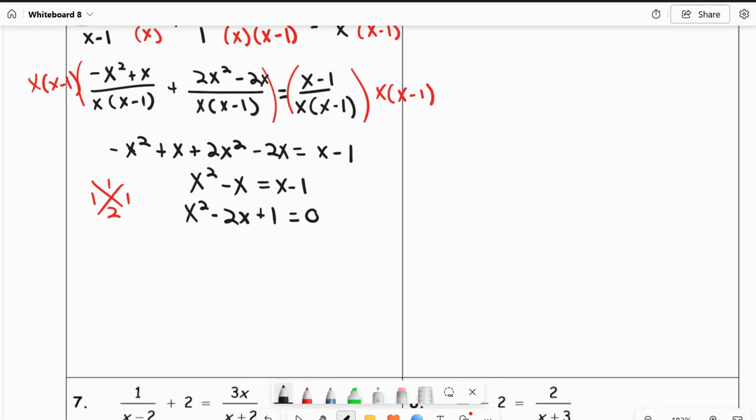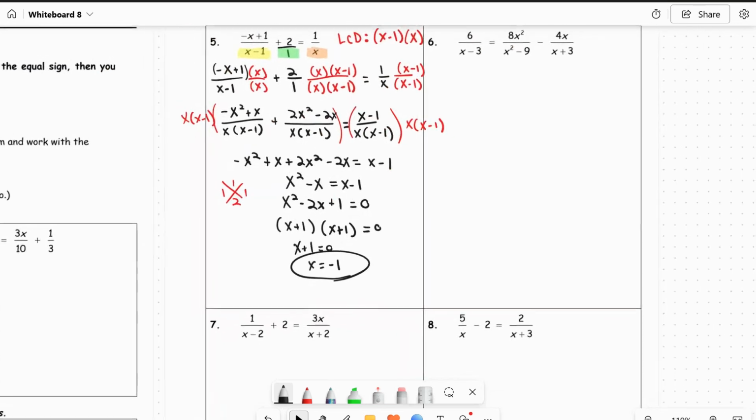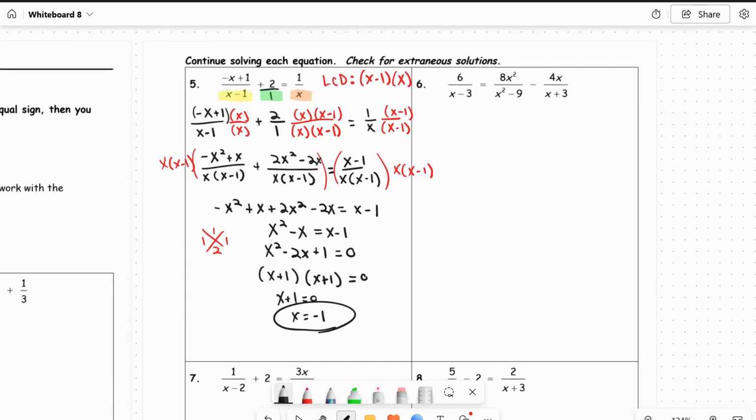So my factors would be x minus 1, x minus 1, which would equal 0, which would give me the solution of x equals 1. If you were to check this with our original equation for this one, you would see that this would not work. So 1 would be an extraneous solution, which would just leave me with no solution as my final answer.